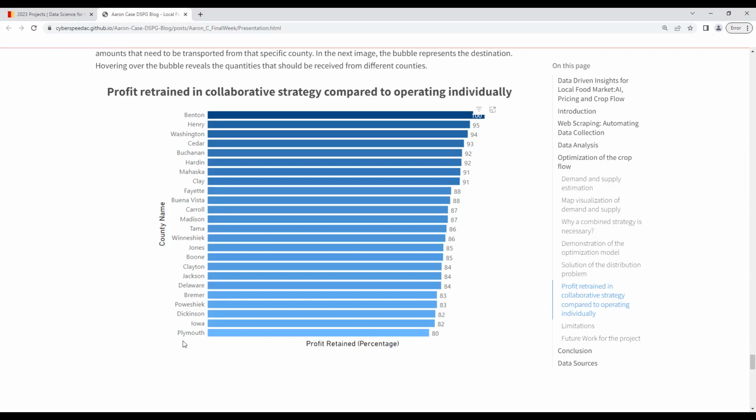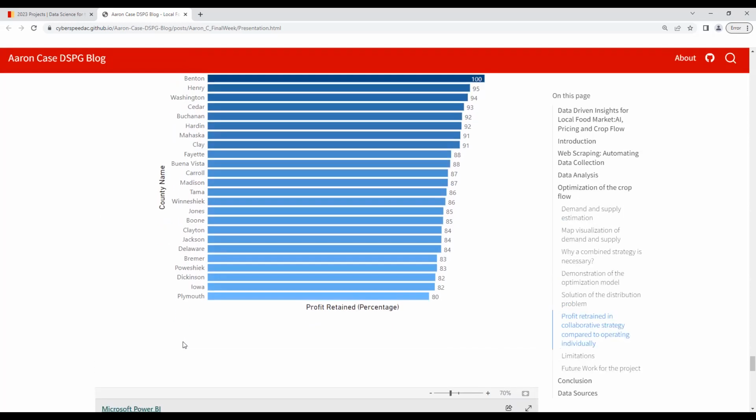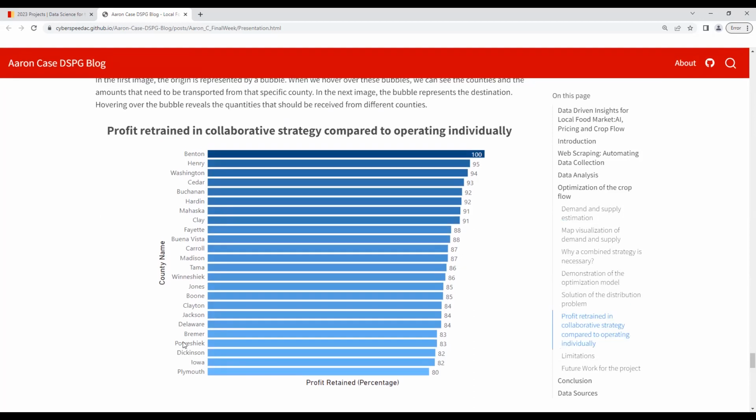So this chart shows the ratio of the profit obtained from the collaborative strategy to the hypothetical scenario I have just described. This profit retained shows how much profit it is making compared to that best scenario.